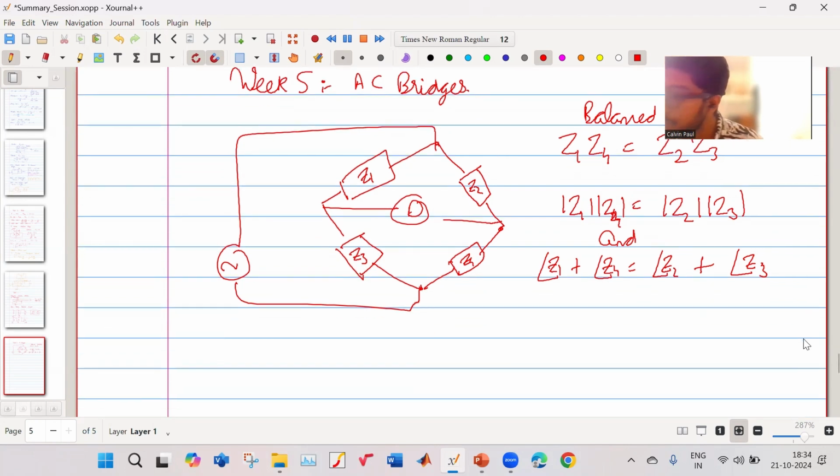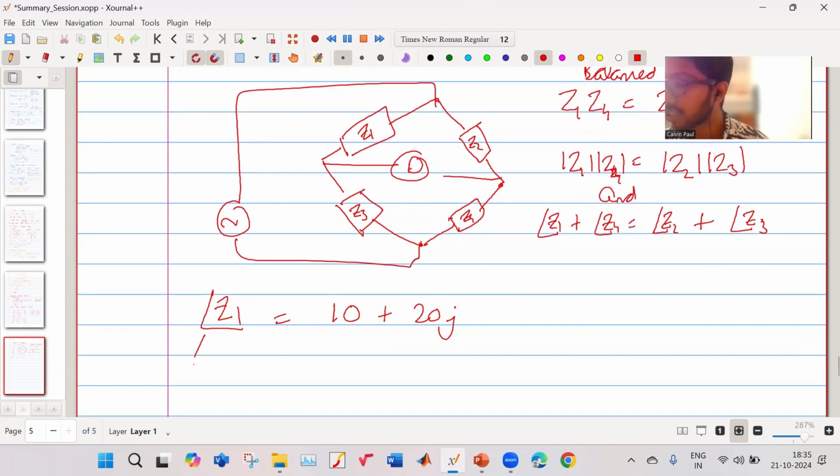Another part which I want to stress upon is the phasor quantity. Let us say Z1 will have some value like 10 plus 20j. And now let us say your Z4 is 1 plus 4j. Now what do you do?